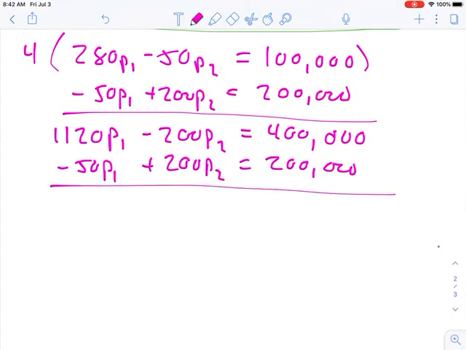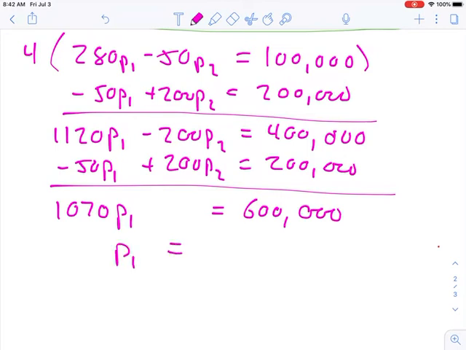And we should end up with 1070 P1 is equal to 600,000. Or P1 is equal to 600,000 divided by 1070, which comes out to 561 to the nearest integer.